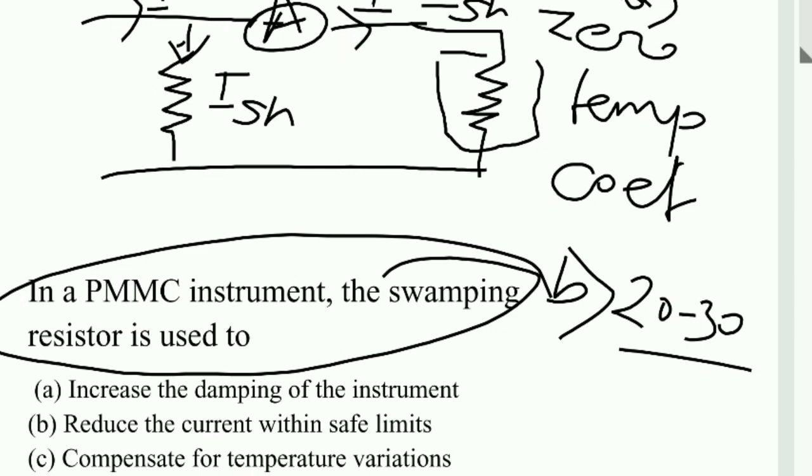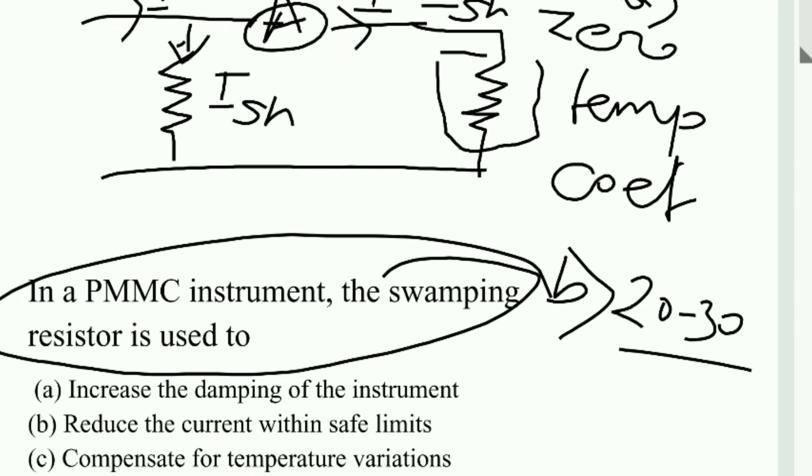Theoretically it's zero. And as the swamping resistance is very high, if the temperature change affects the meter resistance, the swamping resistance value is much higher and has no change of resistance due to temperature change, so the total resistance will be more or less the same.